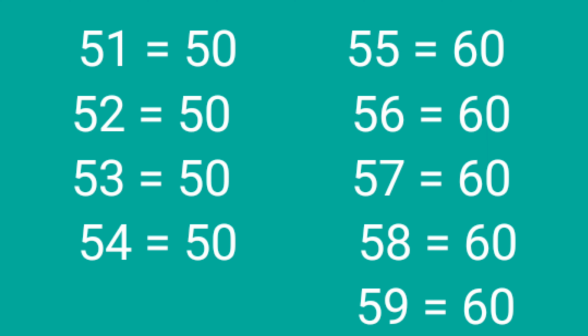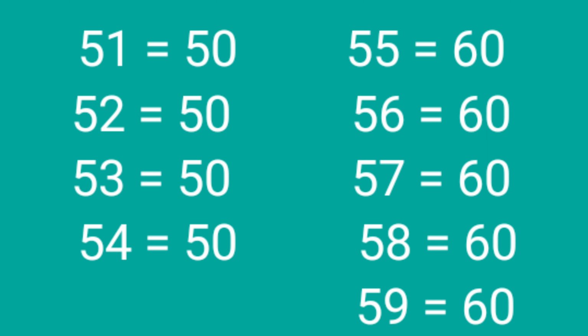So if you look at it, 5 remains 5 when you round it. So you will not add anything to the numbers that you are going to round off if it is 1, 2, 3, and 4 at the right side of it.